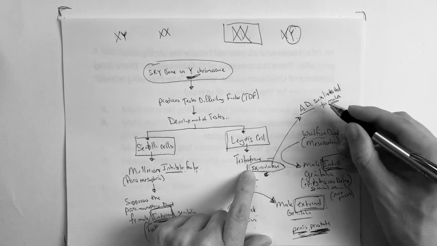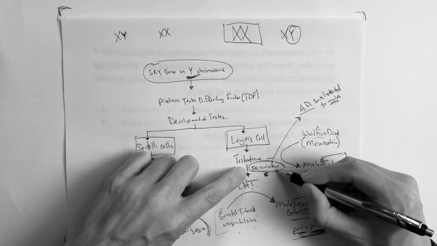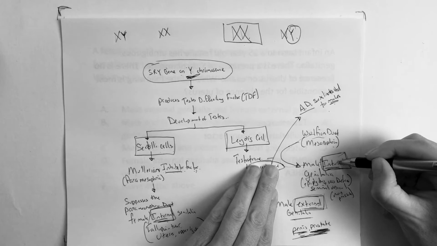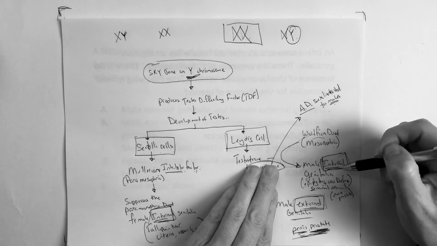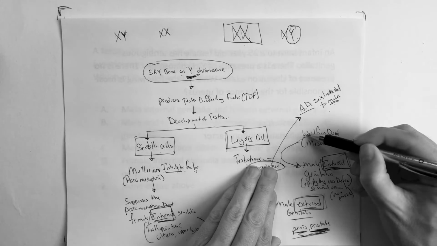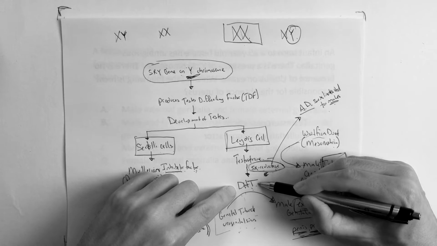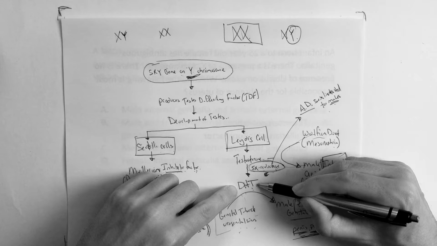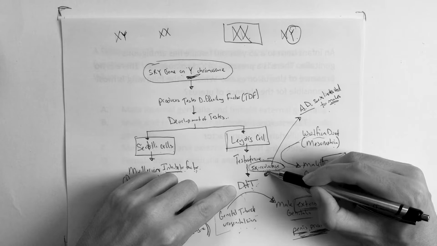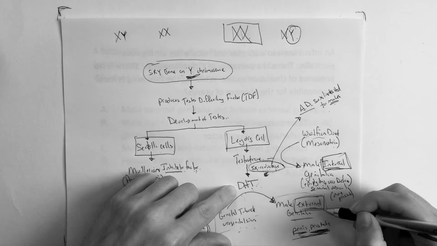And then with that, if I did not have this 5-alpha reductase, am I going to have any issues with the male internal genitalia? The answer is no. It's not going to affect that, because all I need for the male internal is just testosterone right here. Okay, but am I going to be able to produce the DHT? No, because I don't have this guy, or I have some type of deficiency of him. So, am I going to be able to make the male external genitalia?